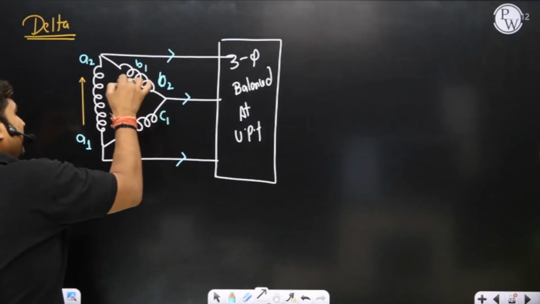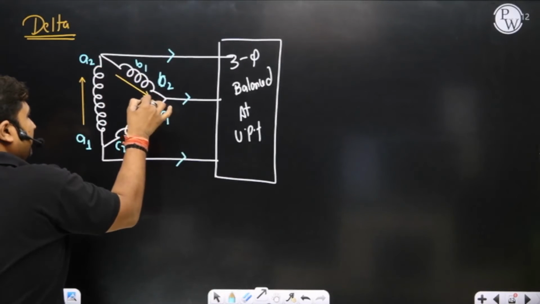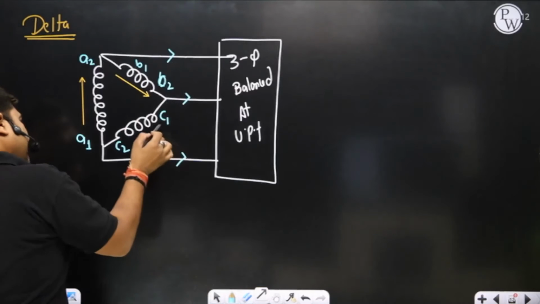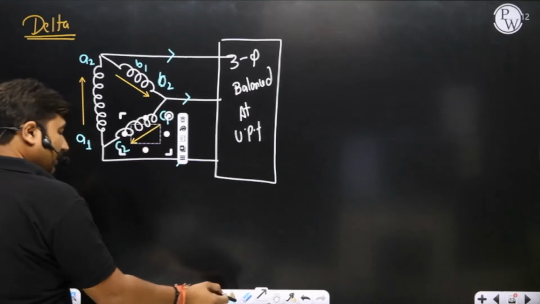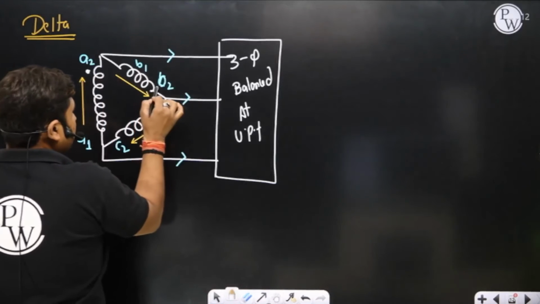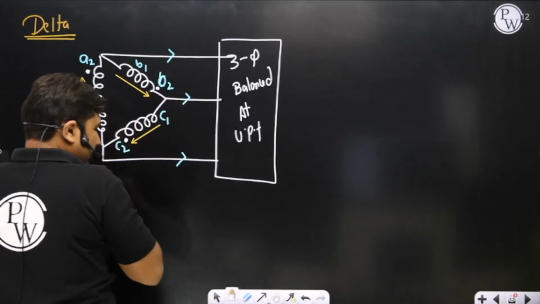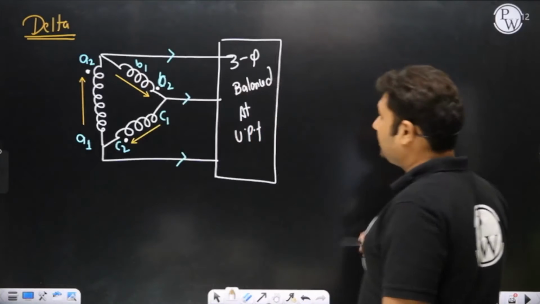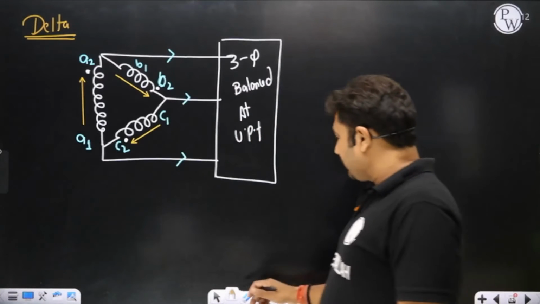Then when B phase voltage is maximum, B phase current comes into the picture. And when C phase induced EMF is maximum, then C phase current flows. Now please observe what phase voltage is.